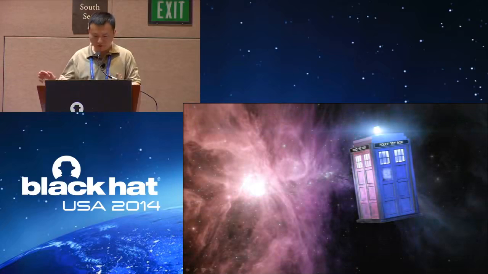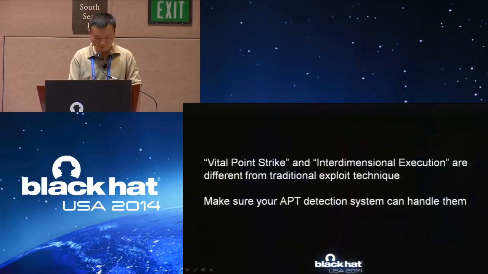I think it is like the TARDIS, traveling in different dimensions and doing really cool things. Vital point strike and interdimensional execution are different from traditional exploit techniques. Make sure your APT detection system can handle them.